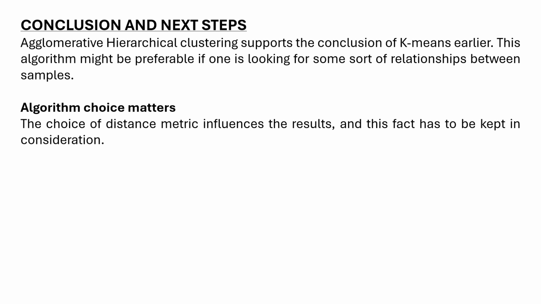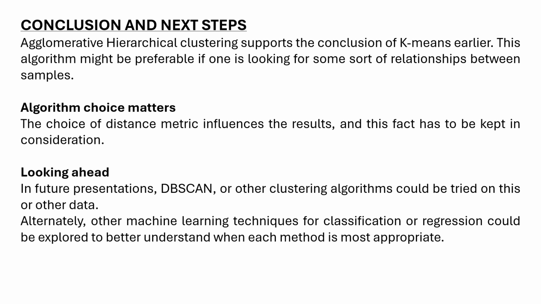The most appropriate algorithm depends on the characteristics of the data, the distance matrix used, and the assumptions underlying the method. In future videos, we will explore density-based clustering using DBSCAN as well as other machine learning techniques for classification and regression to better understand the strengths and limitations of different approaches.